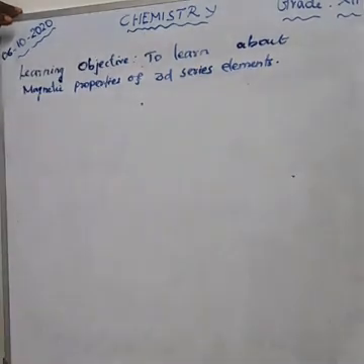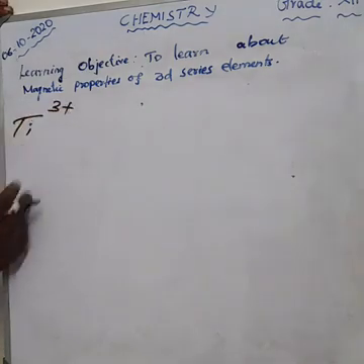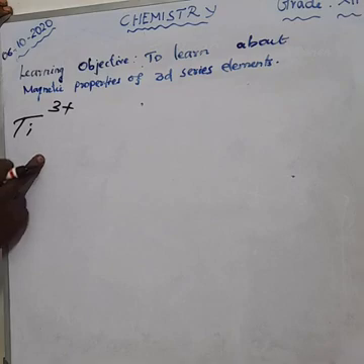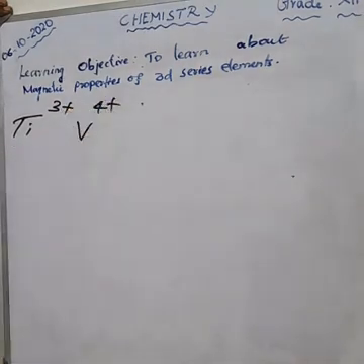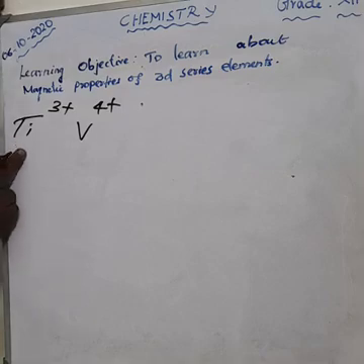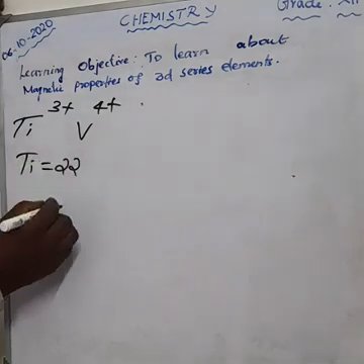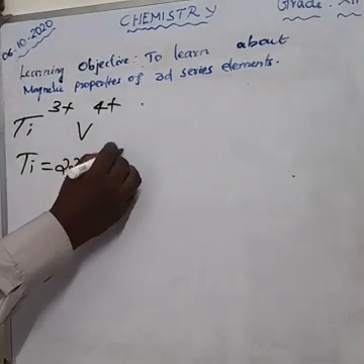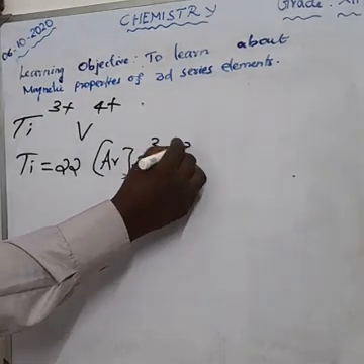And the second step is titanium 3+ and vanadium 4+. What is the configuration of titanium 3+ and vanadium 4+? Can you say what the answer is? What is the atomic number of titanium? Titanium atomic number is 22 and the configuration is Ar 3d2 4s2.